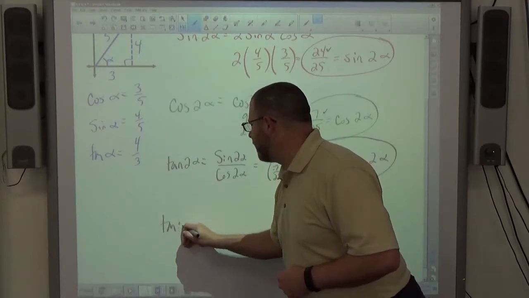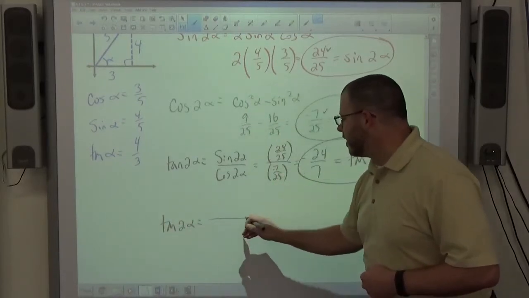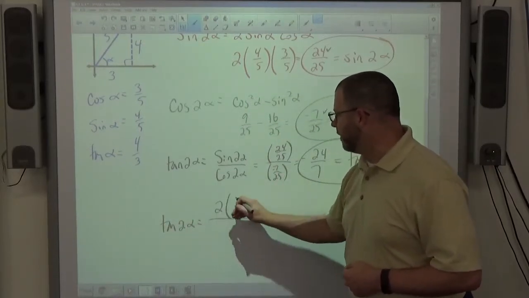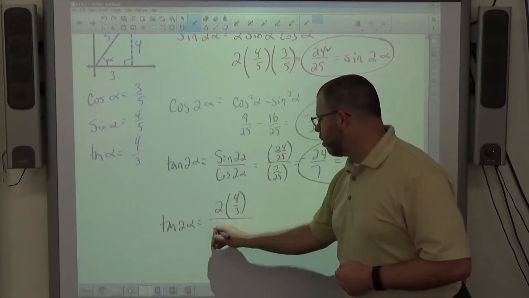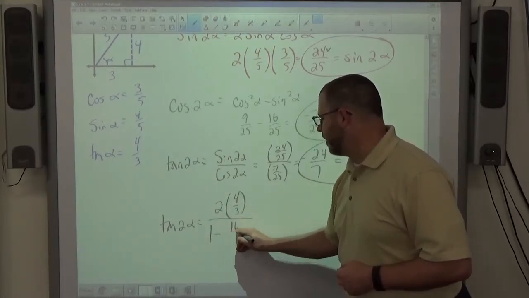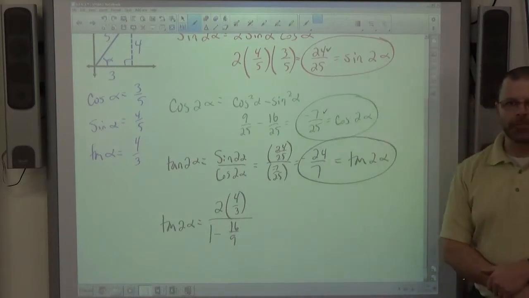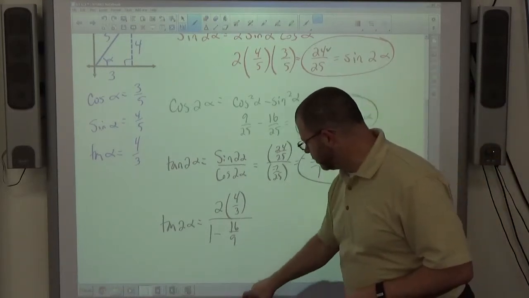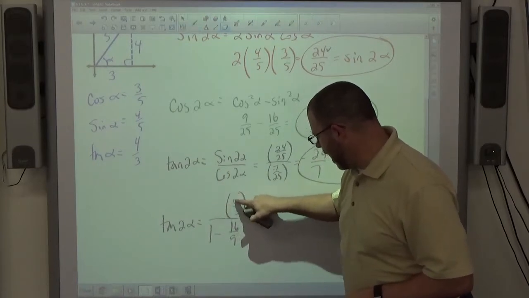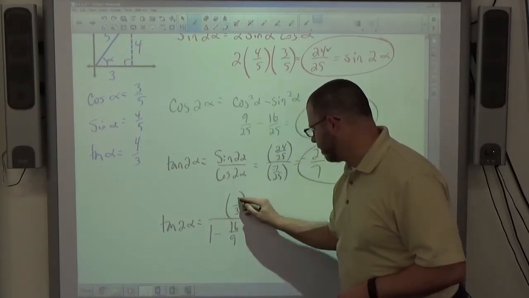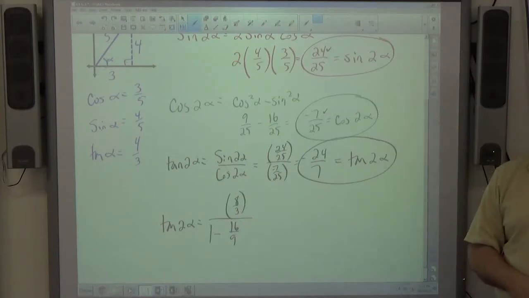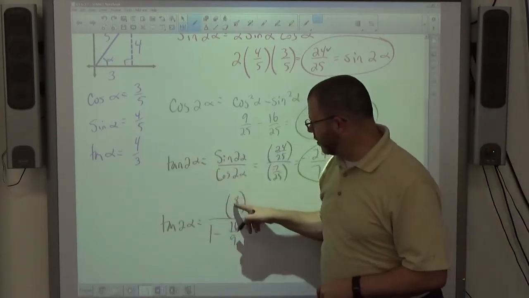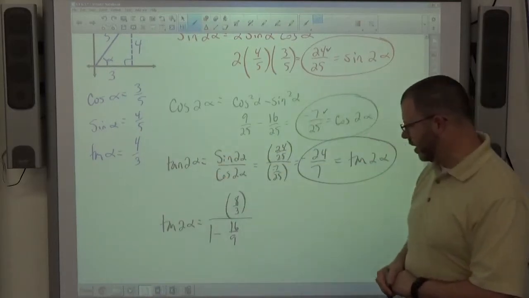If I use the tangent identity, tangent of 2 alpha is 2 times tangent of alpha over 1 minus tangent squared of alpha. 2 times 4/3 is 8/3. 1 minus that squared is 16/9.